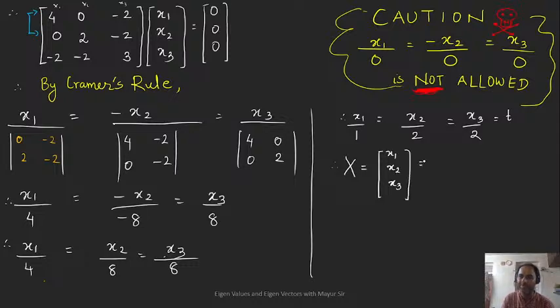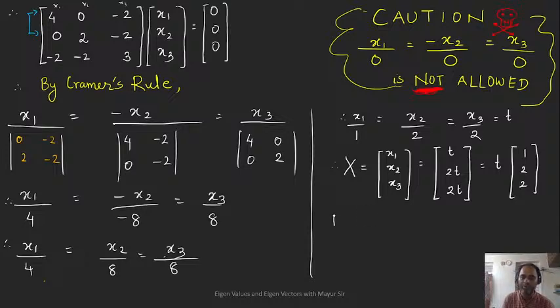So what is the value for x1? If I equate it to t, then it is 1t, which means t. Then x2 is equal to 2t, x3 is equal to 2t. You just multiply 2 to this one and take t outside. Now when I take t outside, it is 1 2 2.